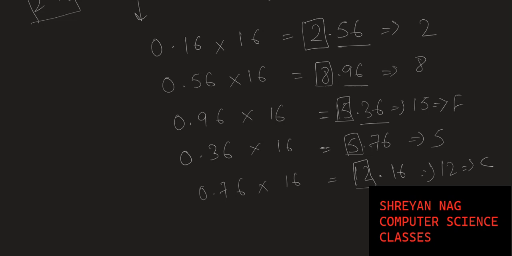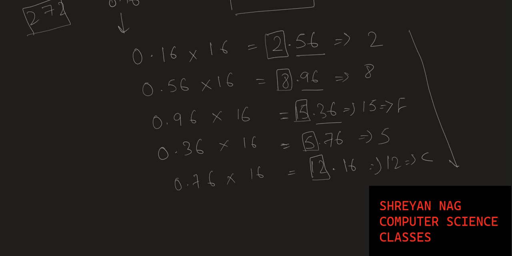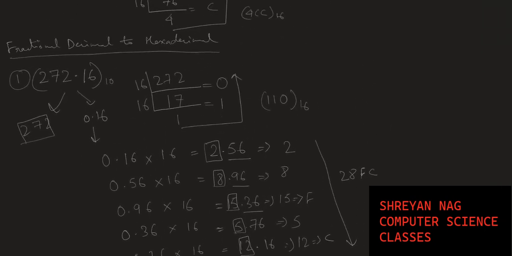So the values from top to bottom are 28FC. So ultimately our value is 110.28FC base 16.